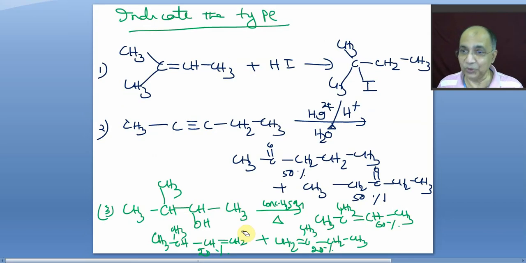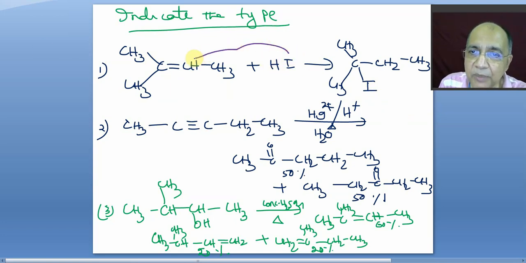Right? So I'm giving you these three self-assessment questions. When you add HI to such a simple alkene, we find the only product is this tertiary pentyl iodide, where there can be other possibilities. The iodide could have joined here and hydrogen here, but this possibility doesn't take place.